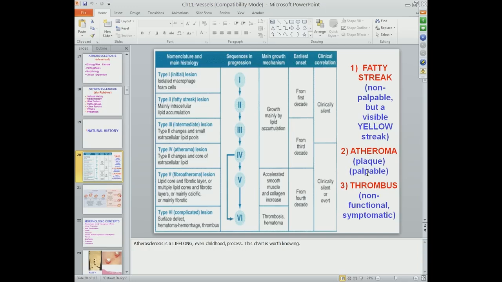Then at the point you can feel it, it's called plaque. Plaque may have calcium and collagen. And then the latest stage is that this plaque can cause enough damage that it's actually causing a thrombus. And by that stage, thromboses of arteries can cause infarcts. And we dealt with that concept as well under hemodynamics.